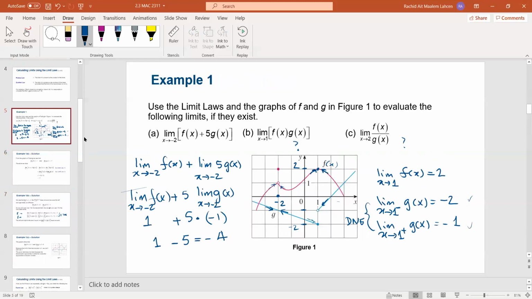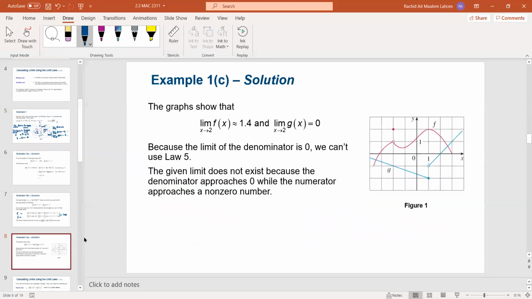The last question, it looks like for 2, as x approaches 2, right? You see g of x, the value there, g of 2 is 0. So, you know, the condition here, g of x cannot be 0. So that's the issue this one is going to have, as you're dividing by 0, so that's not going to work.